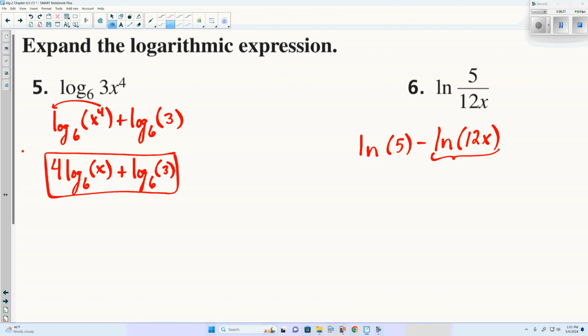Then our next would be our product property, which would give us ln of 5 minus what? Ln of 12 minus ln of x. Because that negative is being distributed through both.